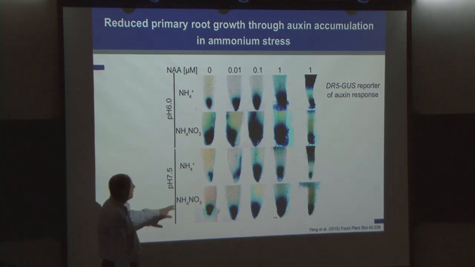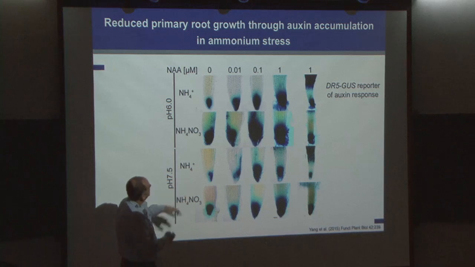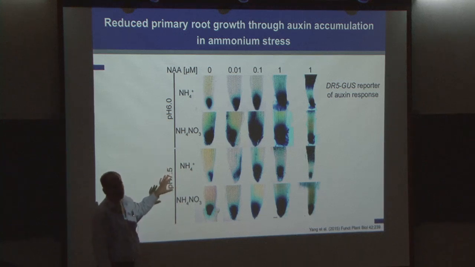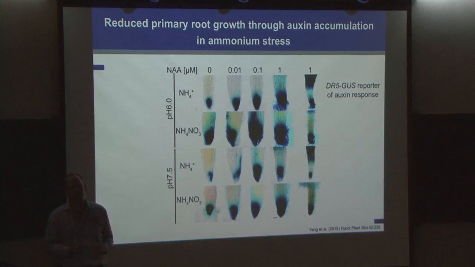With ammonium nitrate, and when you compare these pictures, maybe you recognize that the auxin peak here is always much stronger than here, and also here stronger than here. We did it at two pHs because sometimes auxin effects are thought to be very important at very acidic pH, where root growth is inhibited by the too acidic pH induced by the auxin.